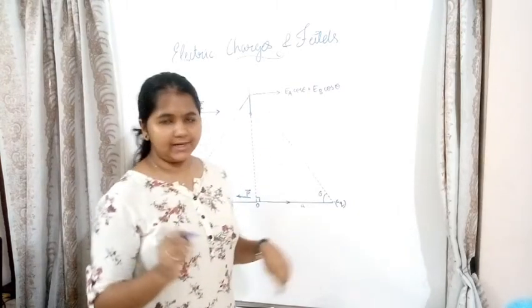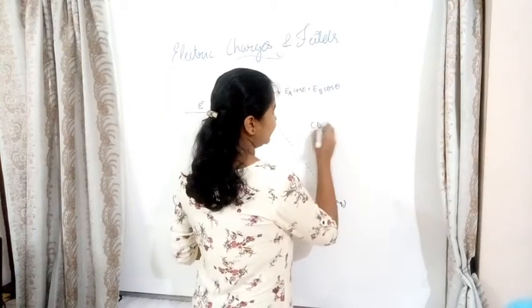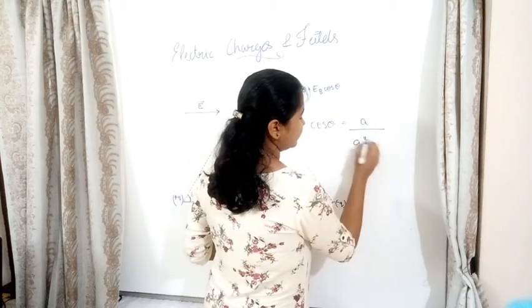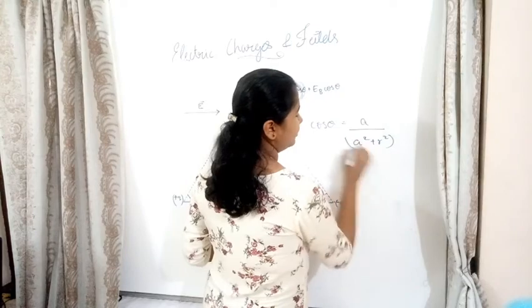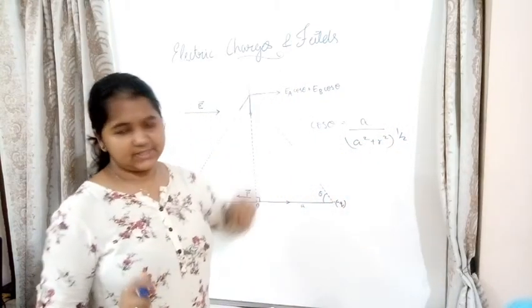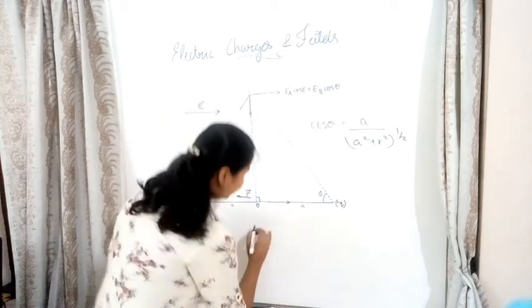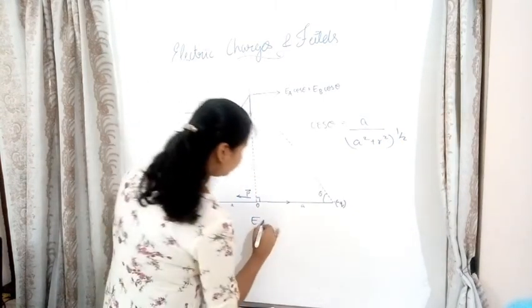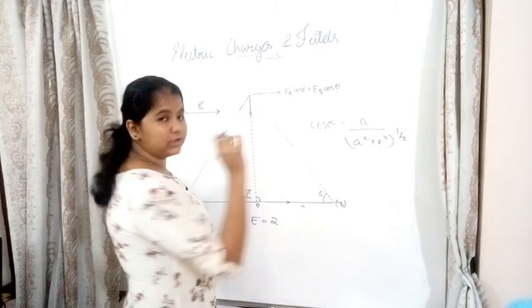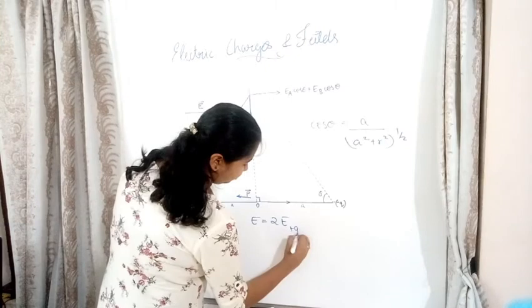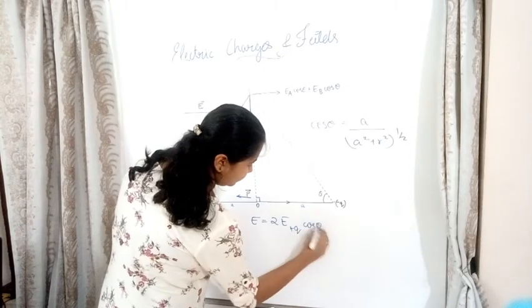So now we learn that the cos theta value is what? A divided by A square plus R square the whole raised to 1 by 2. This is what we learned to be cos theta. And now we know that E total is equal to 2 times E Q cos theta.